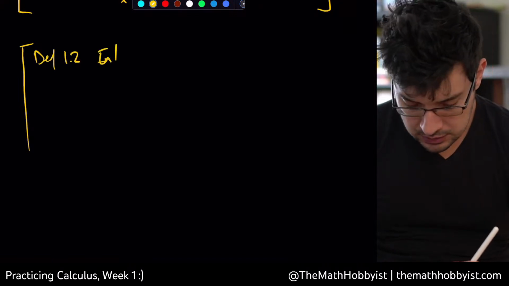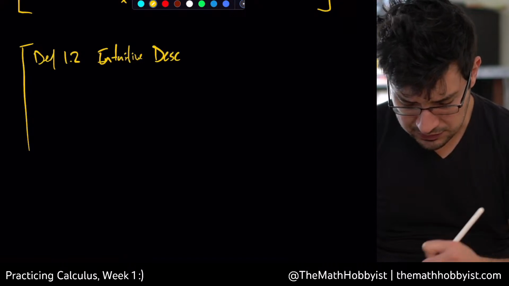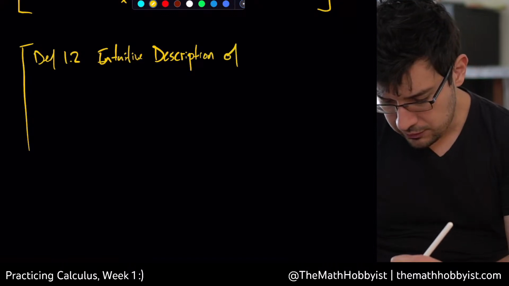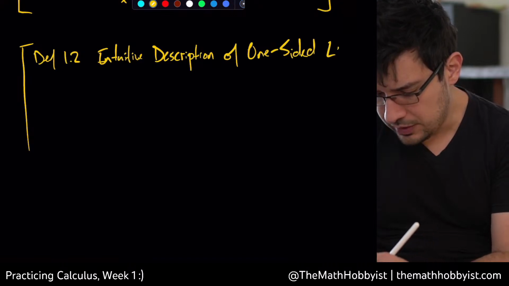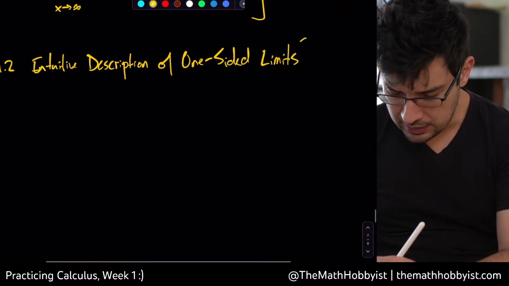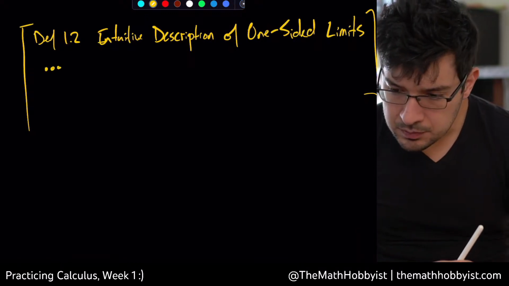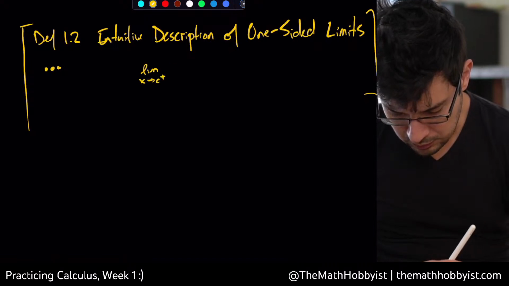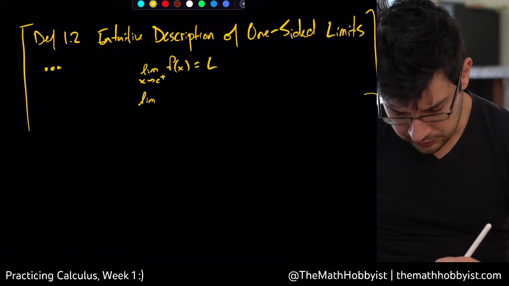We have the intuitive description of one-sided limits. Taalman defines one-sided limits, and I briefly alluded to what that would be in this notation as well.